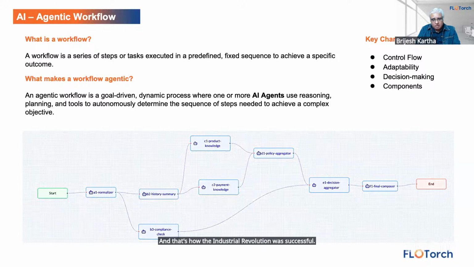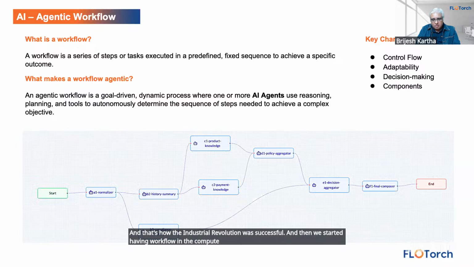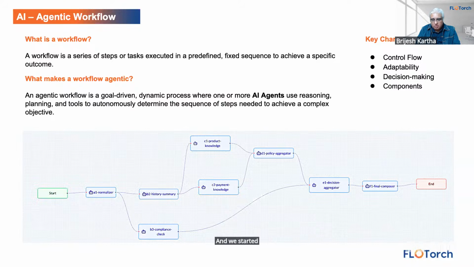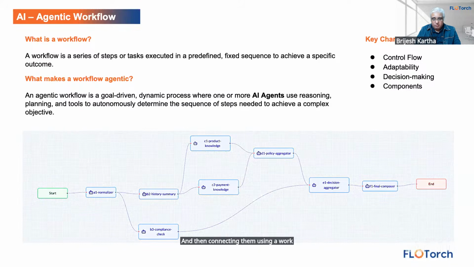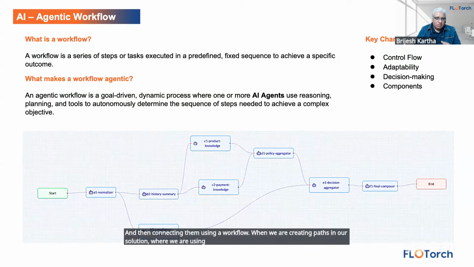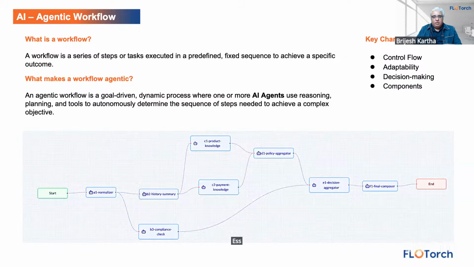And then we started having workflow in the compute space when we started going into silicon. We started having robotic workflows, workflows set up in BPM and all our CRM products, all our SAP products, everything. We are essentially always talking about modularizing things and then connecting them using a workflow. When we are creating paths in our solution where we are using SQS, SNS, and all of these things, essentially we are creating a flow, and that's a workflow, right?